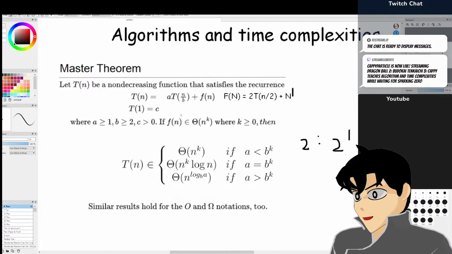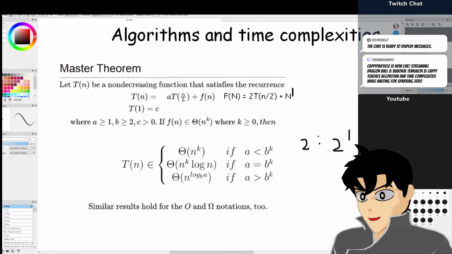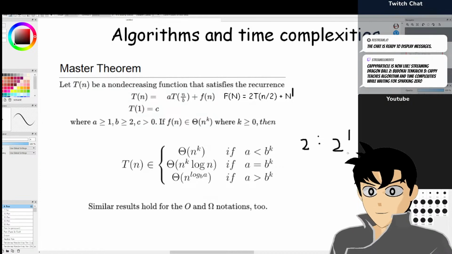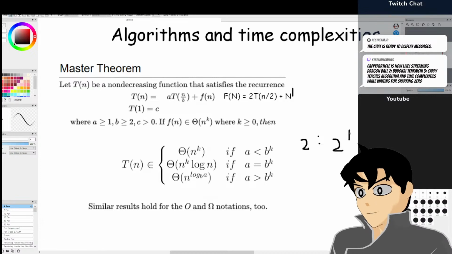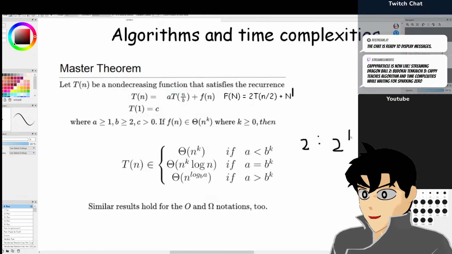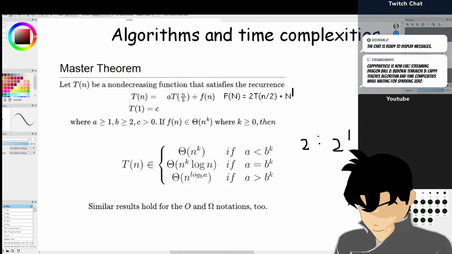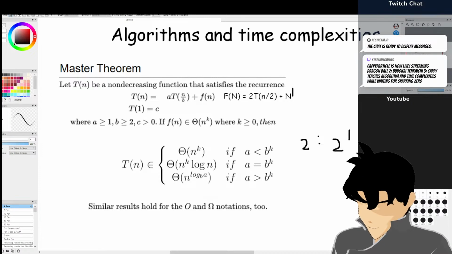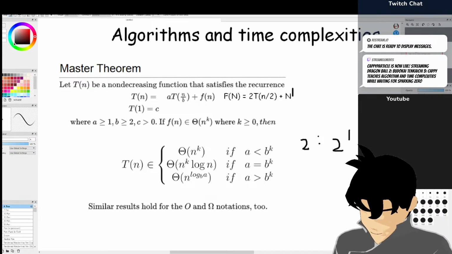Okay, let's check. A equals B to the k, because 2 to the power of 1 is 2. 2 to the power of 0 is 1, yeah.